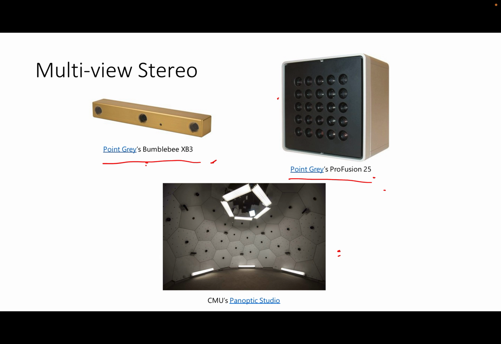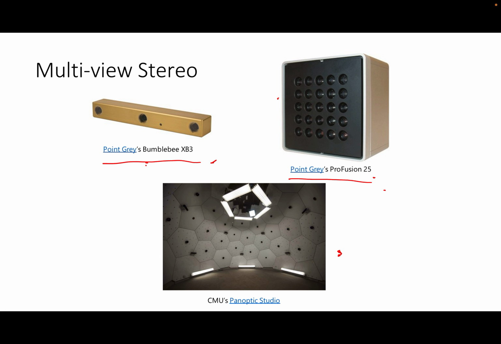People just build a hemisphere capture studio and then install cameras uniformly in the hemisphere. Meta has it. I guess many companies already have this kind of capture studio. They just use regular cameras, like 4K cameras.